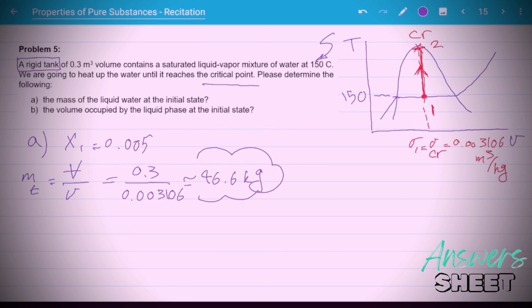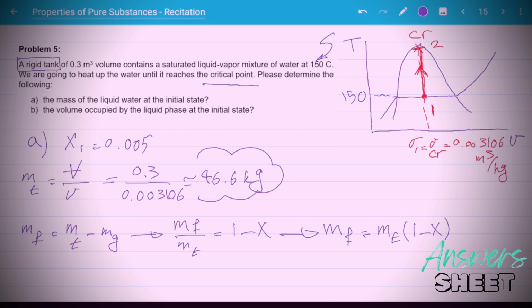But we are interested in the mass of the fluid. So I'm going to say mass of the fluid is the total mass minus the mass of the vapor. If I divide both sides by the total mass, I get mass of liquid over total mass is 1 minus quality. So I can play with this and say mass of the fluid is actually total mass times 1 minus quality.